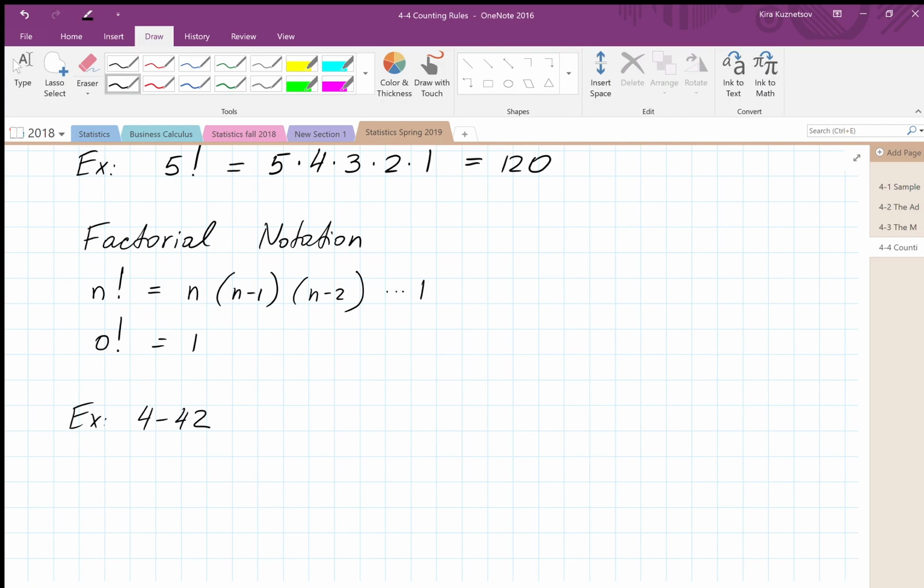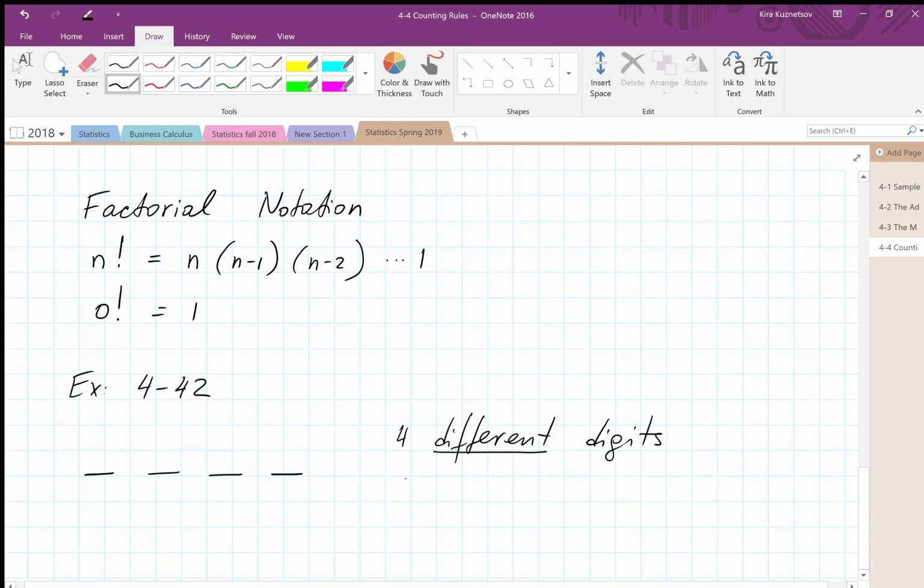A person needs to make up a 4-digit combination. The person decides to use 4 different digits. I'm going to circle the word different, meaning no repetitions.